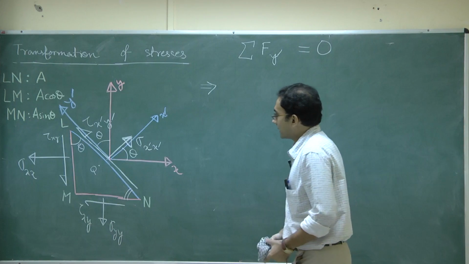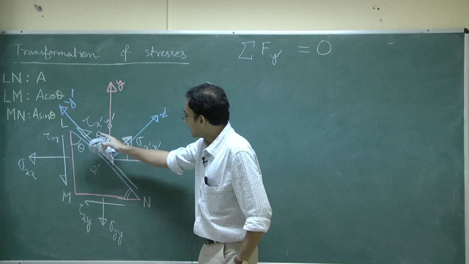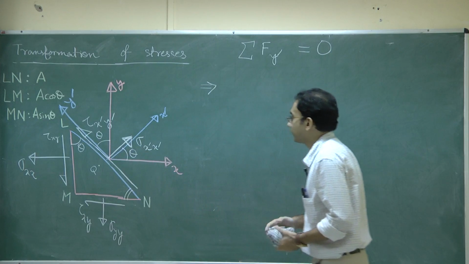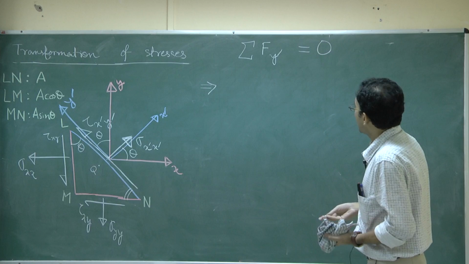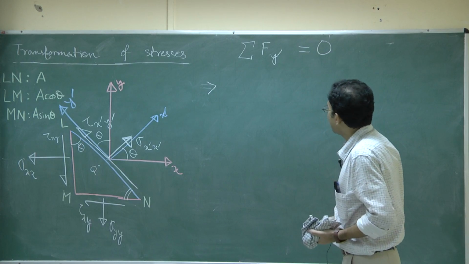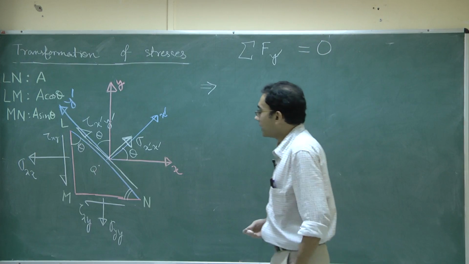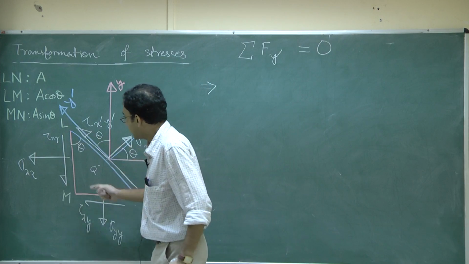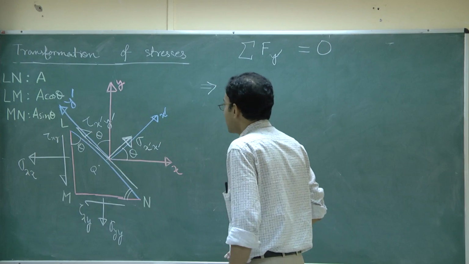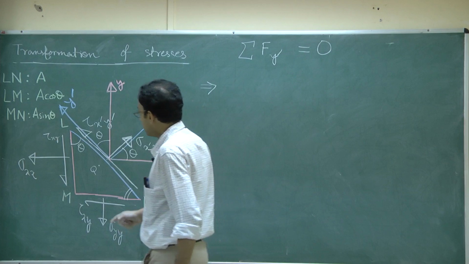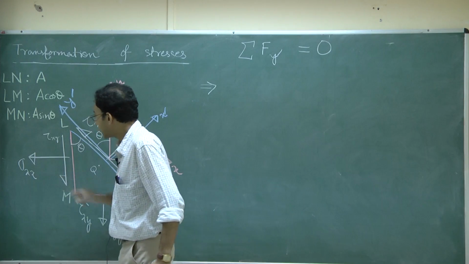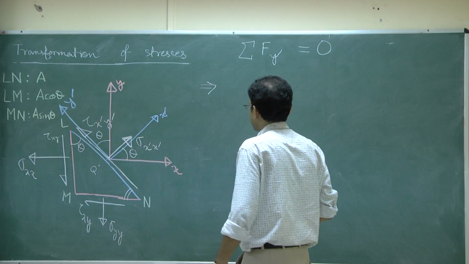You note that I really do not need to erase anything here. Okay. So for sigma f y dash equal to 0, just like earlier, I had started by considering the face represented by this edge Lm, and I had started really by considering the force contributed by sigma xx. I will do the same thing here.